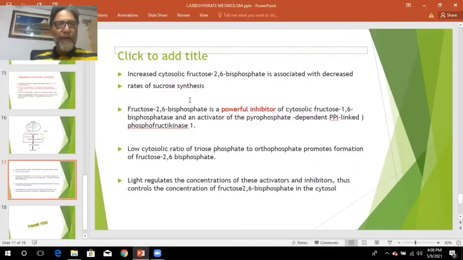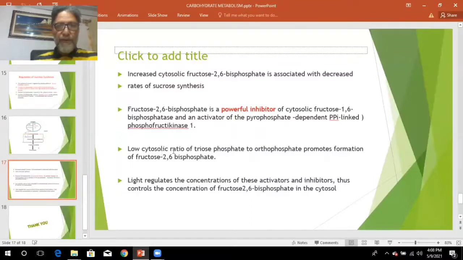When fructose 2,6-bisphosphate is present, it acts as a powerful inhibitor of cytosolic fructose 1,6-bisphosphatase and an activator of pyrophosphate-linked phosphofructokinase 1. In both cases, as I have shown here, it will result in less availability of fructose 6-phosphate. So when there is less availability of fructose 6-phosphate, there will be less synthesis of the sucrose.